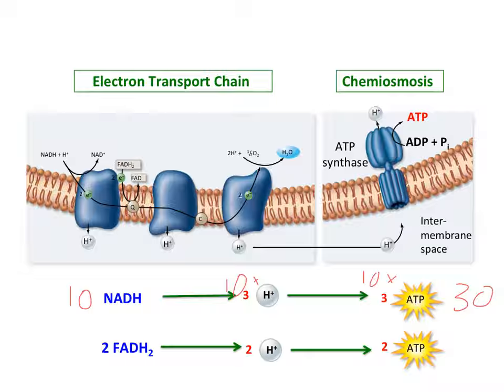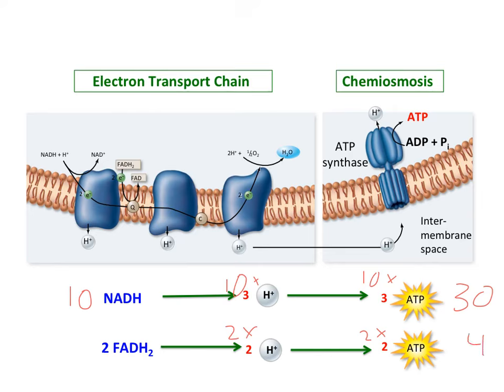Now FADH2, we produce 2 FADH2, because we only produce them during the Krebs cycle, 1 for each pyruvate. And if each FADH2 pumps 2 protons, that will be a total of 4 protons being pumped, which would give us a total of 4 ATPs being produced.